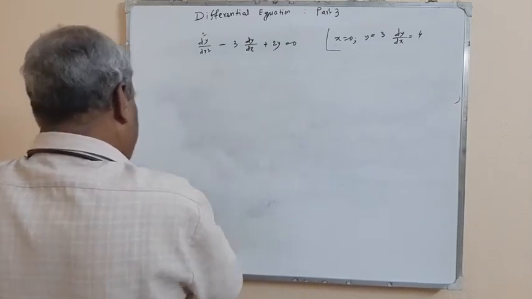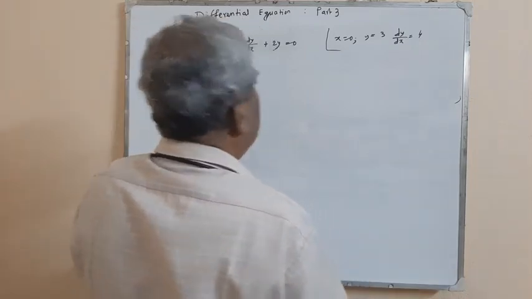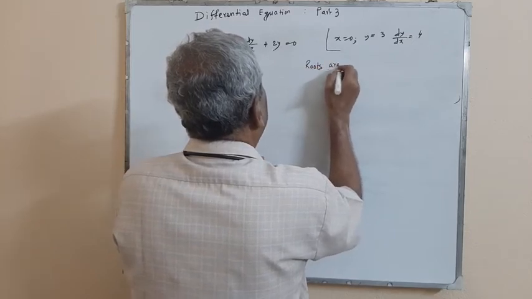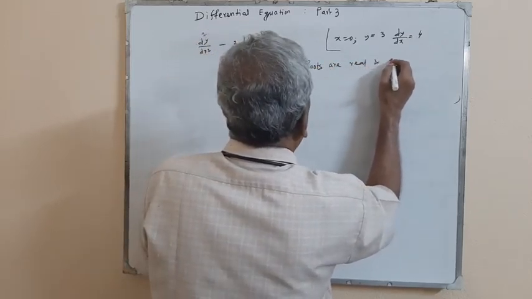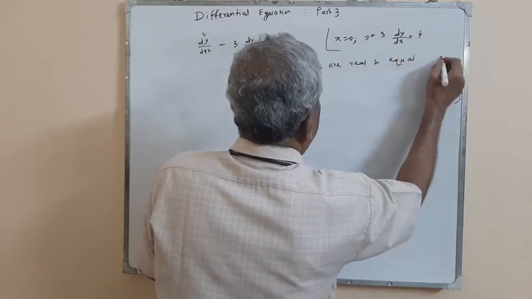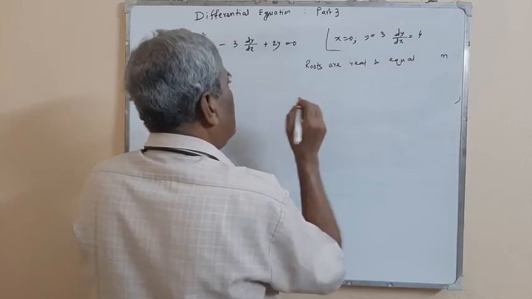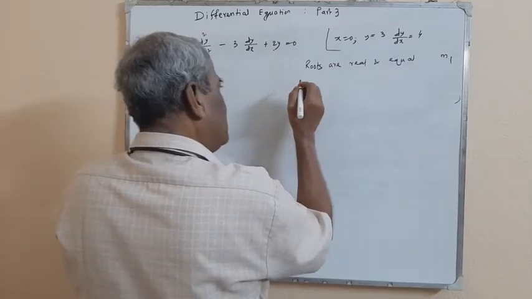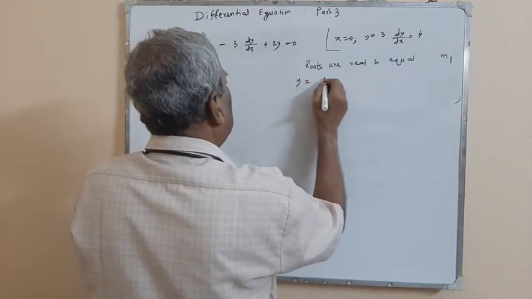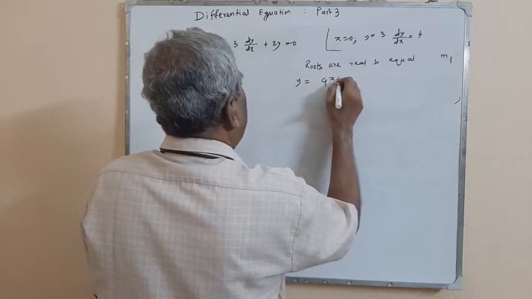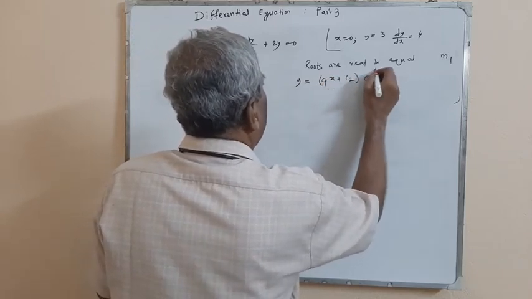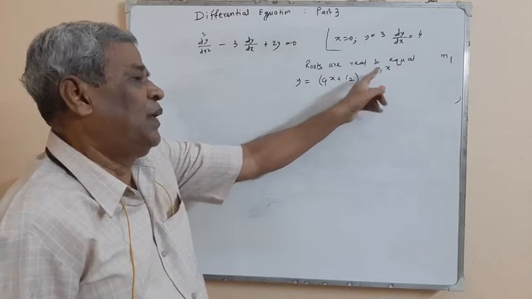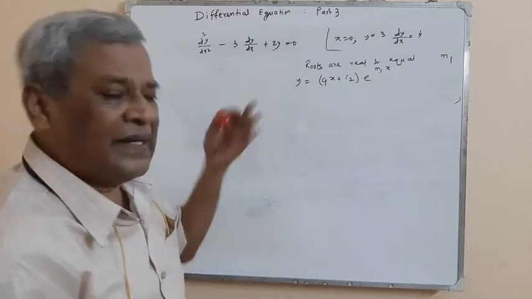If roots are real and equal, both say m, or both are m1, in that case the solution will be y is equal to c1 x plus c2 into e to the power m1x, and that is our answer.